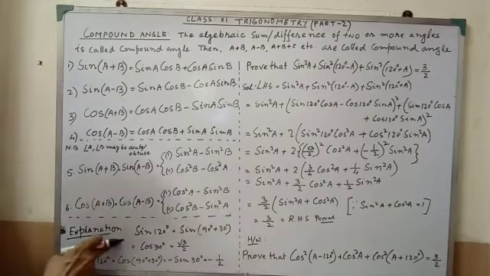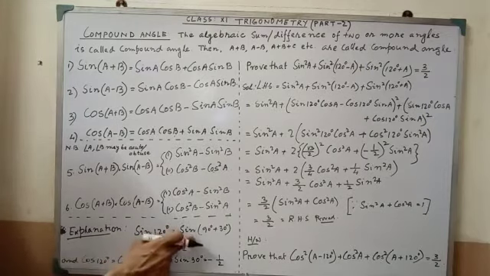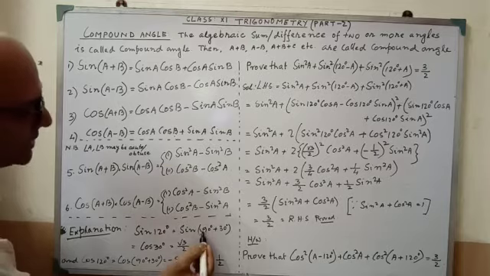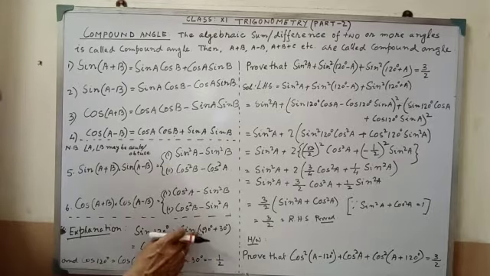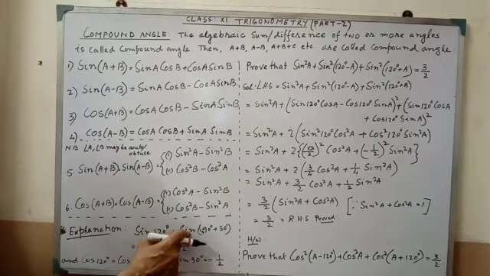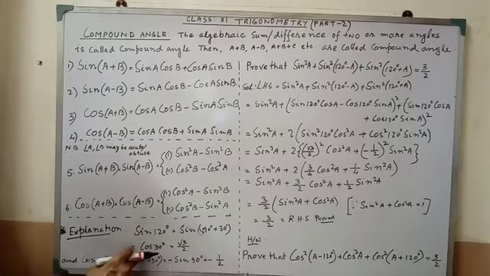Now look here. Sin 120 degree we may break as sin(90 degree plus 30 degree). With 90, 1 is multiplied. 1 is an odd number. Any odd number multiplied with 90, then sine will convert into cos, that you have learned in the previous class.